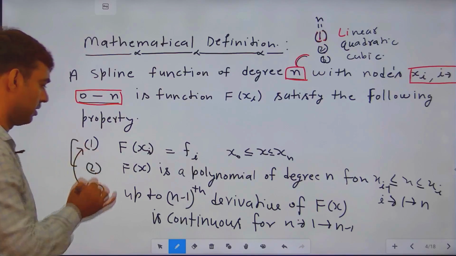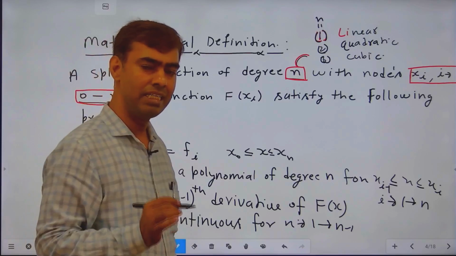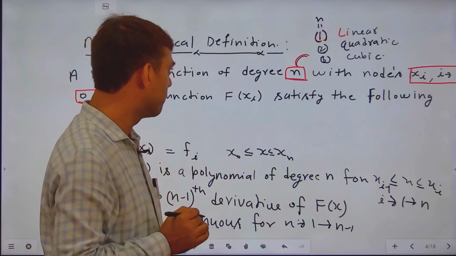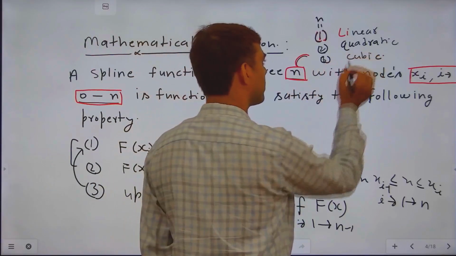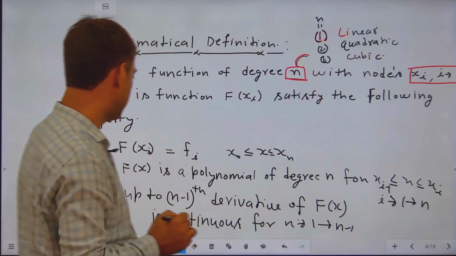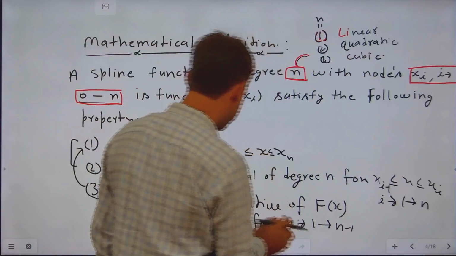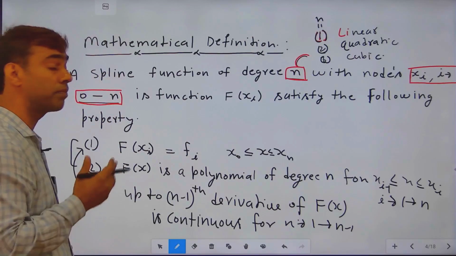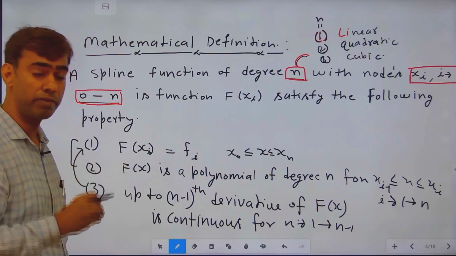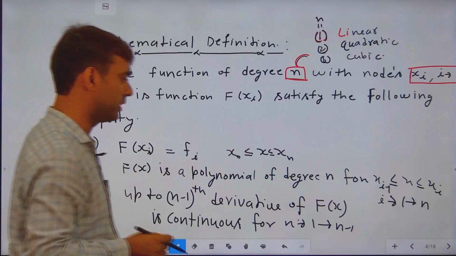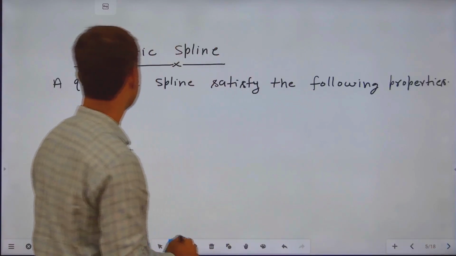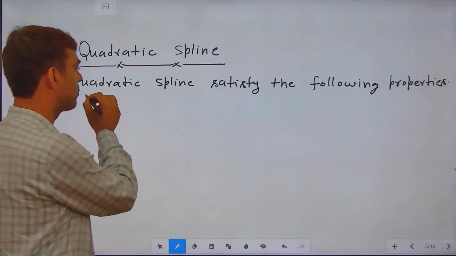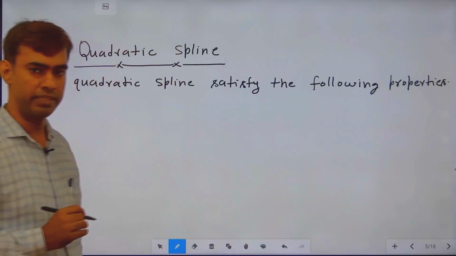So there is a need for the first two conditions in the case of a linear spline function. But if we try to fit a quadratic spline function, if we try to define mathematically what is the property of a quadratic spline function, a quadratic spline satisfies the following properties.